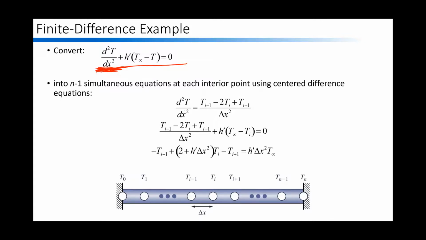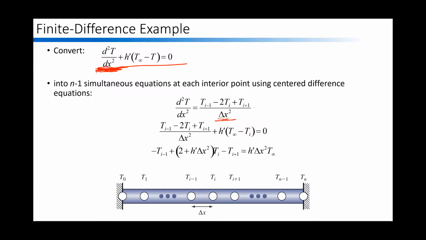Remember that d squared T dx squared can be written as a finite difference. That second derivative equation is the previous point minus twice the current point plus the next point, over whatever segment I'm taking squared.